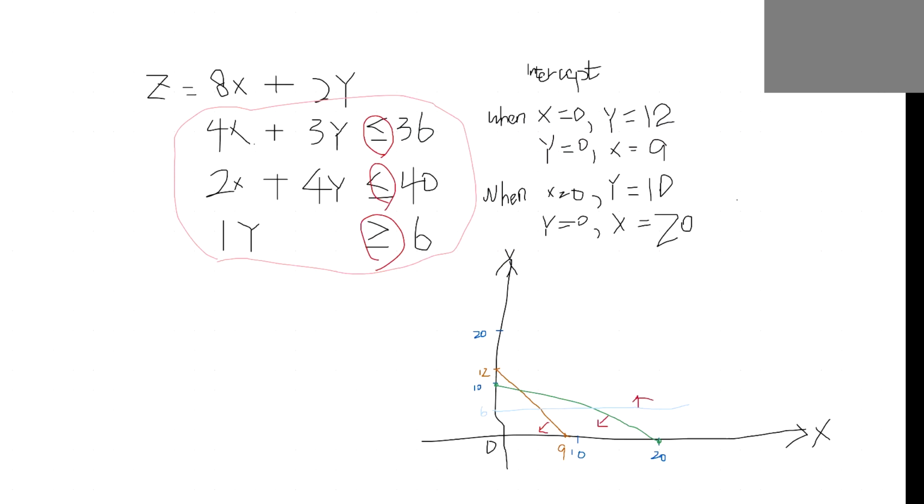Okay. So then the common area is here, and then up. So the common area is going to be this area. This is the common area or feasible area. Do you see that? Yes.